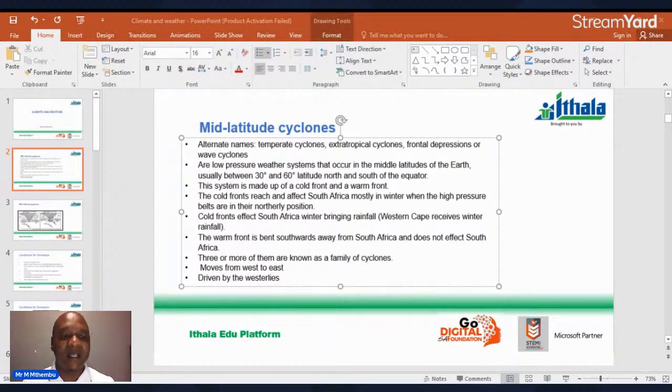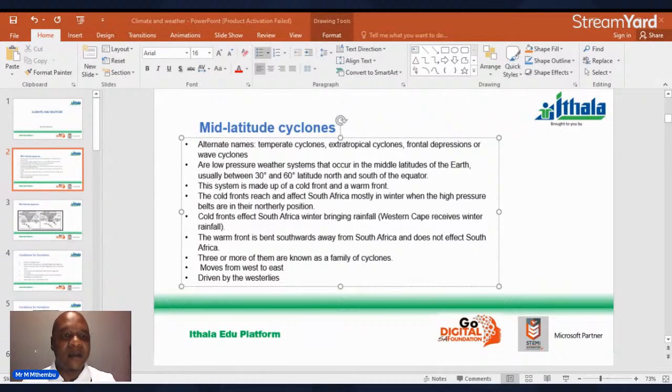If mid-latitude cyclones move with three or more of them, these are known as a family of cyclones. Sometimes they are joined, sometimes not, but if they move two or three together, we call them families of mid-latitude cyclones. So the entire system, which is a mid-latitude cyclone, moves from west to east and is driven by the westerlies.